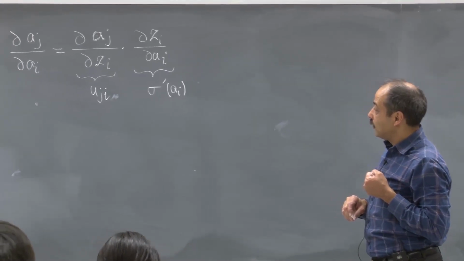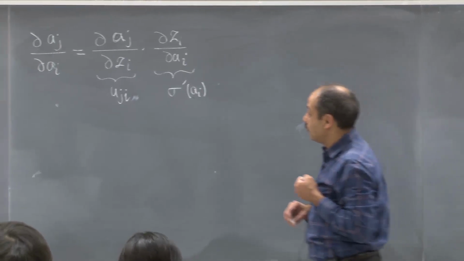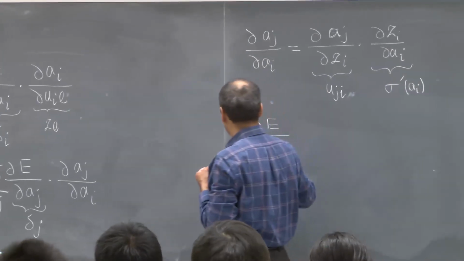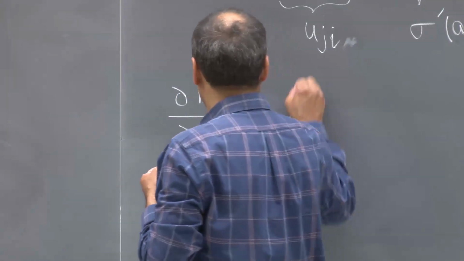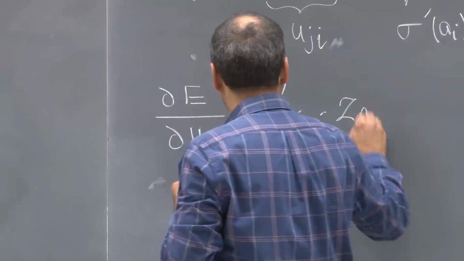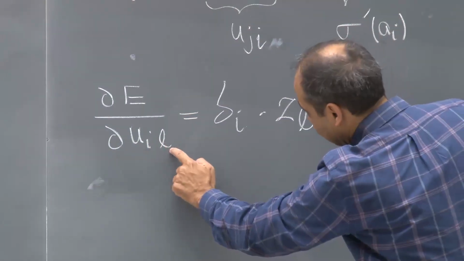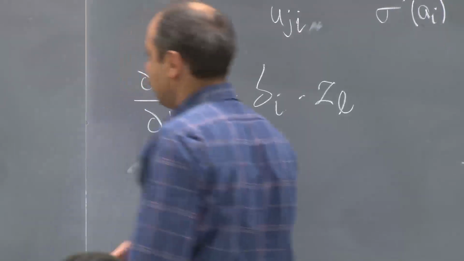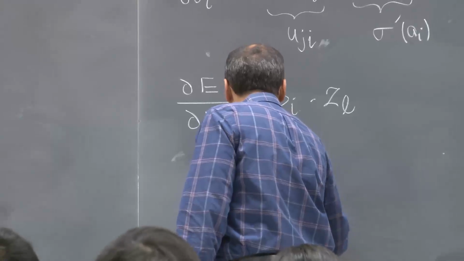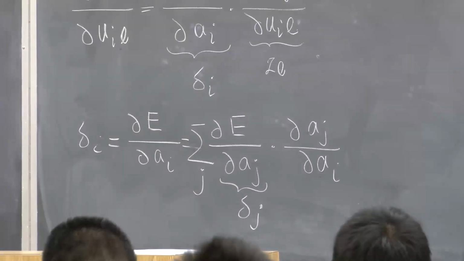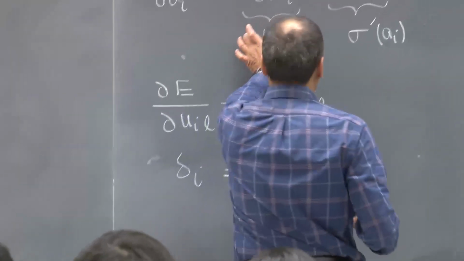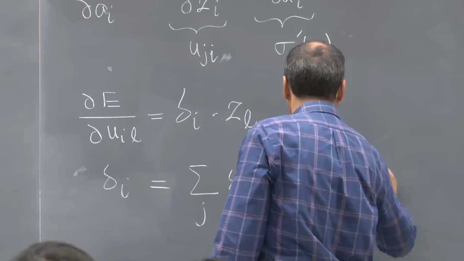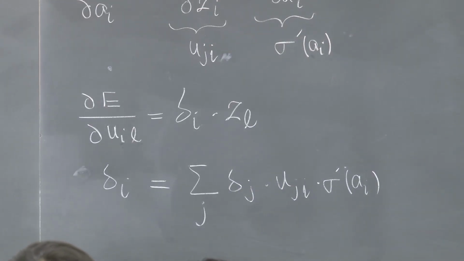Okay, so let's put all of these things together. I wanted to find the derivative of my objective function with respect to one of the weights, and it turned out that it is delta I times ZL. So the derivative with respect to UIL is ZL times delta I. But delta I itself is the summation over J of delta J times UJI times the derivative of sigma at AI.